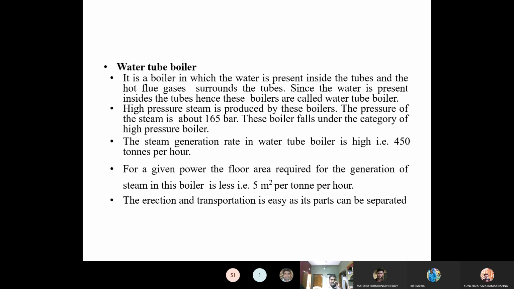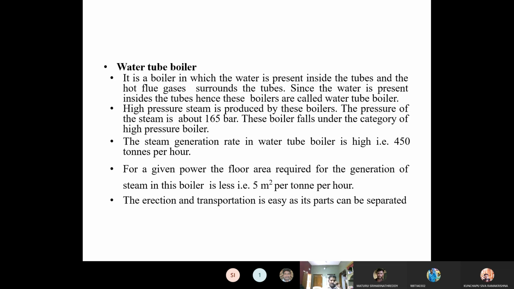Since water is present inside the tubes, these boilers are called water tube boilers. High pressure steam is produced by these boilers. The pressure of the steam is about 165 bar. These boilers fall under the category of high pressure boilers. Water tube boilers are high pressure boilers.